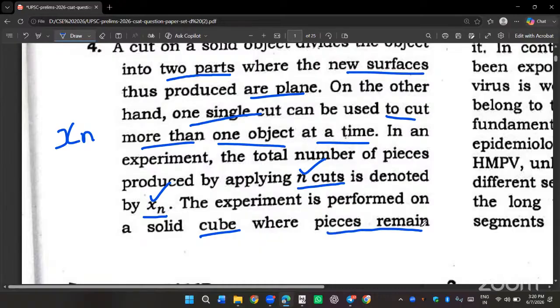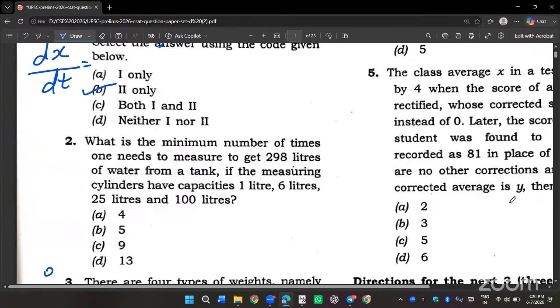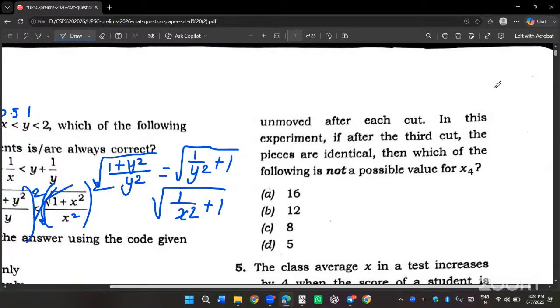Also the pieces. What will be the shape of the pieces, and also whether we will move the piece or not. For example, I have taken this cube. I cut first here the cube. Good. After cutting this, I get two pieces.